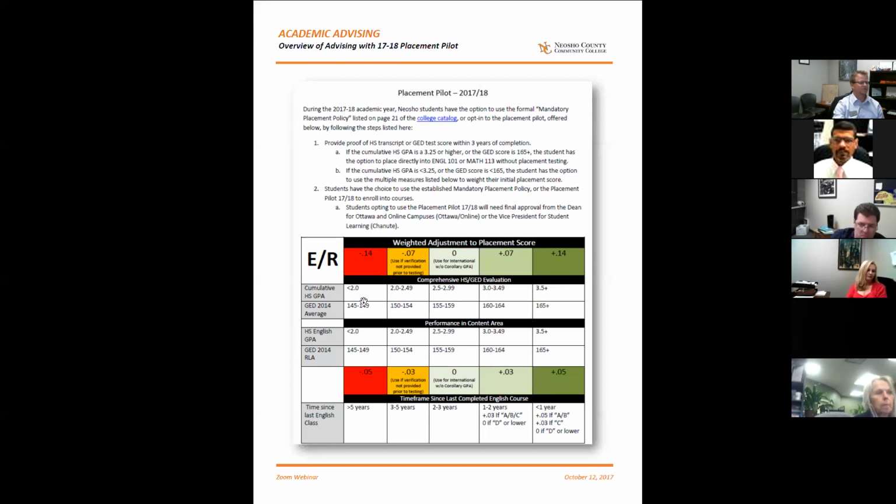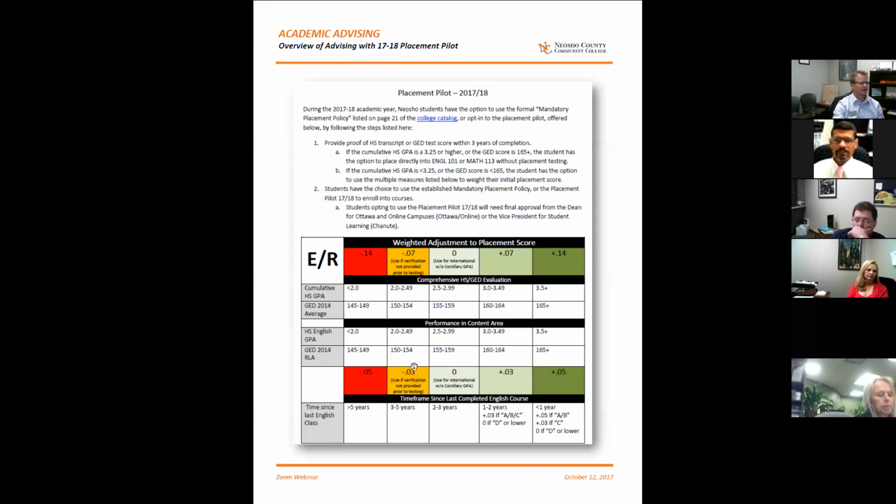Just as an example, if a student comes in with a 2.3 GPA and they had a test score, that test score would be weighted or adjusted negative 7% because of their low performance in that one area. And then you do that for each category.